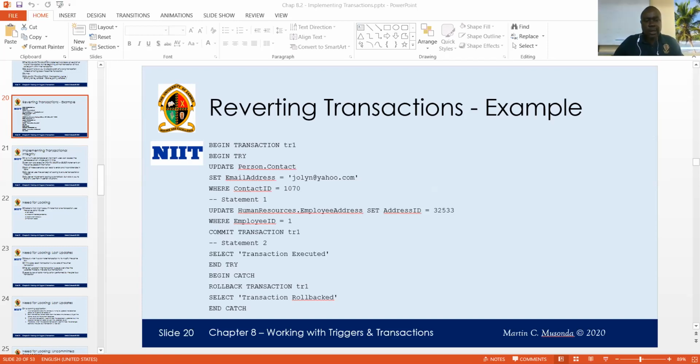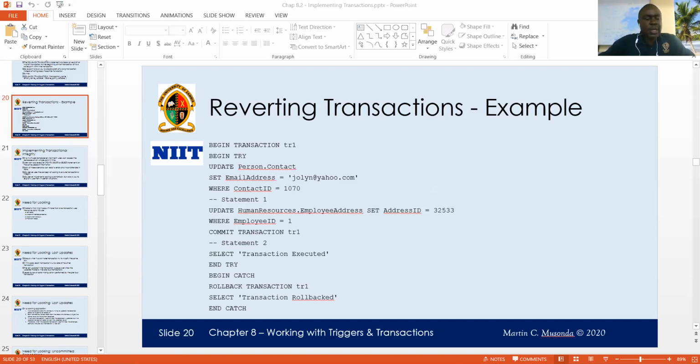So I can use this statement, SET XACT_ABORT ON. That's the statement that is used to allow or disable SQL Server to revert transactions.